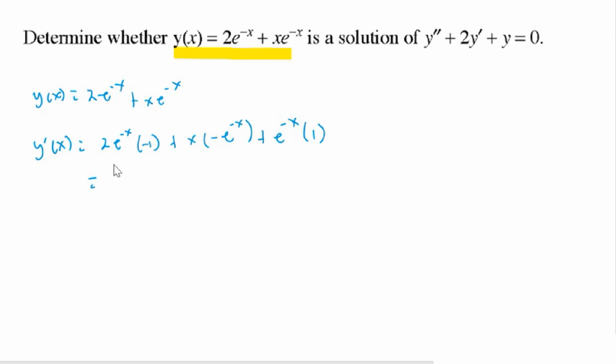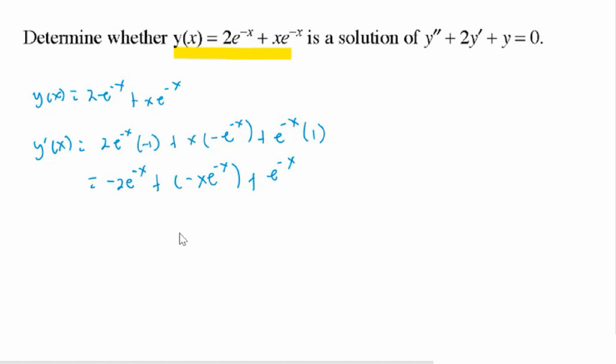Simplifying this, we have 2e raised to negative x times negative 1 is negative 2e raised to negative x, plus negative xe to the power of negative x plus e raised to the power of negative x.